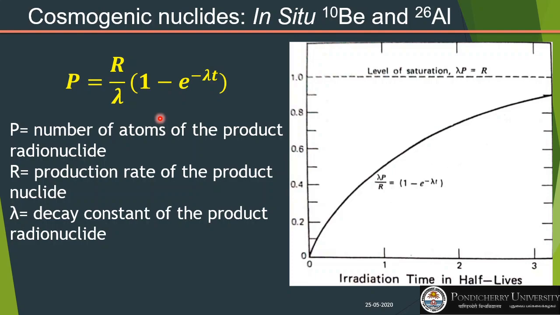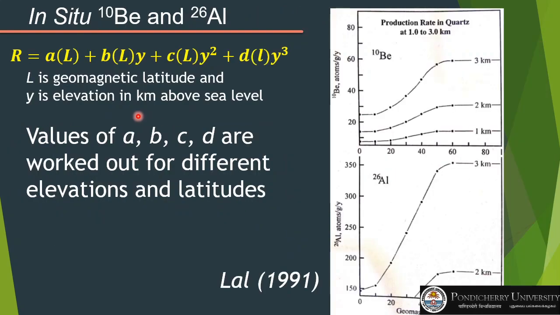For example, in the initial days, people used to send balloon flights to measure the cosmic ray flux, or the energy spectrum of different types of particles at different elevations, by sending detectors in balloons. So there are many ways of empirically determining some of these parameters, and then one can relate it to the elevation and the latitudinal variation.